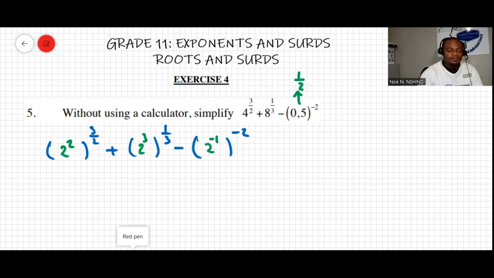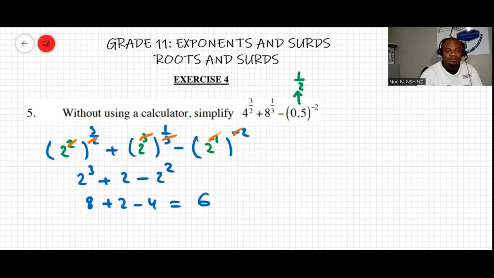Now, here we multiply the exponents, right? 2 and 2 will be simplified, 3 and 3 will be simplified, and negative 1 times negative 2 makes positive 2. So we have 2 to the power of 3 plus 2, minus 2 to the power of 2. 2 to the 3 is just 8, plus 2, minus 4, and then this equals 6. Thank you.